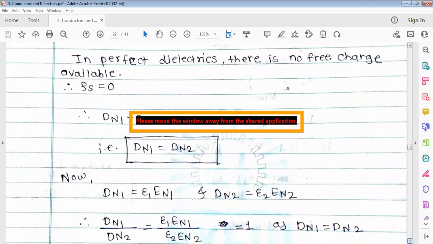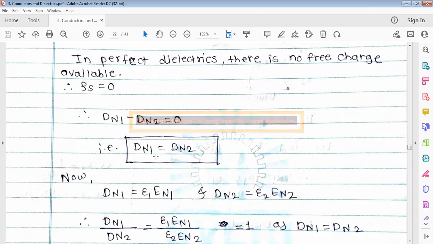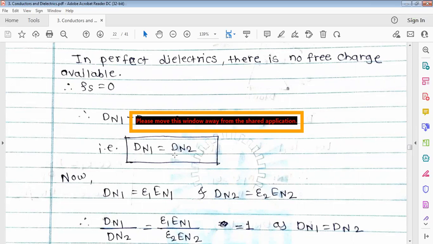Now we have to relate to this. We are finding here the normal component, right? So from this normal component of d, we have to find the normal component of e. In the previous stage, we obtained the tangential components of electric field intensity, that is e tan 1 is equal to e tan 2.